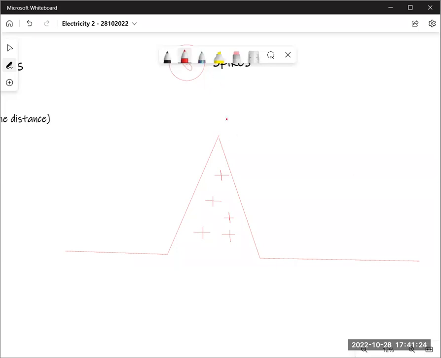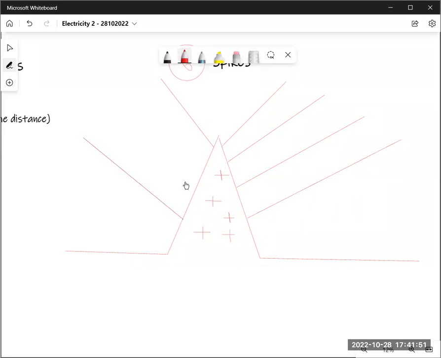Field lines will look like this, something like this on both the sides.